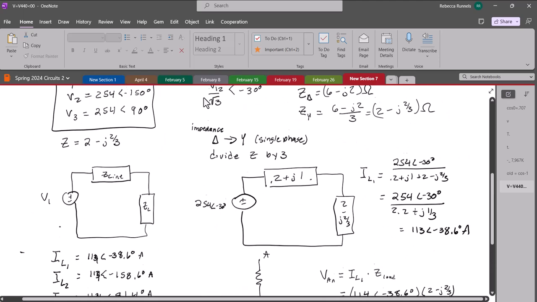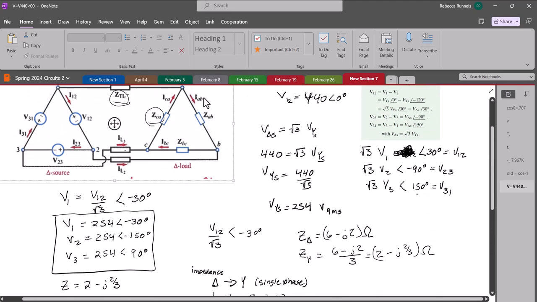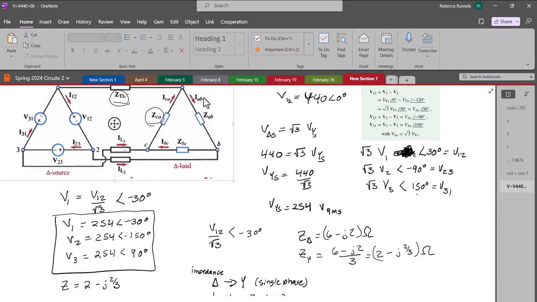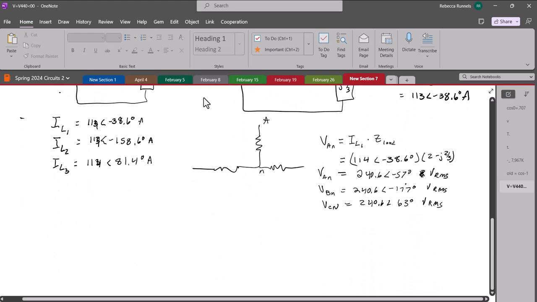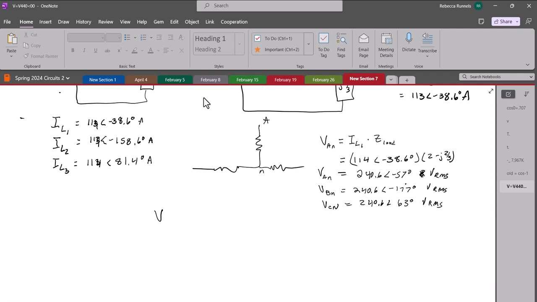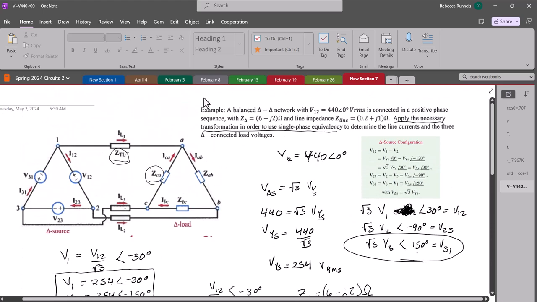And so if we go back to where we started, right here, to get our conversion between our single phase equivalent and our delta configuration, use these formulas. So VAB will equal, I'll write it the same way I have it here.